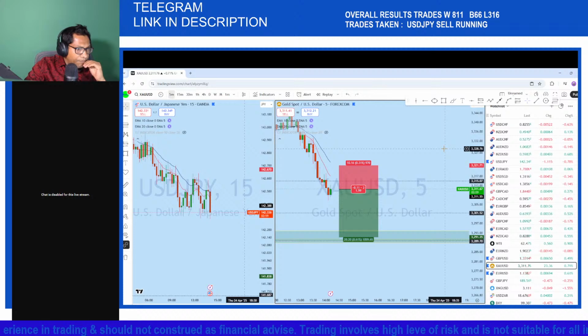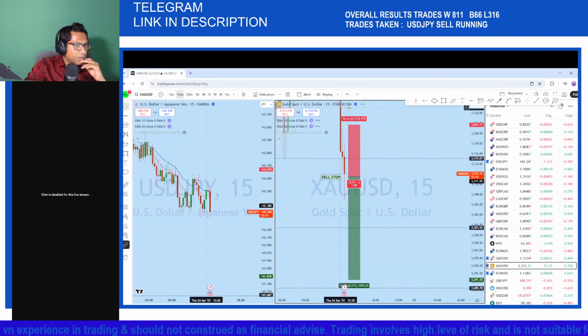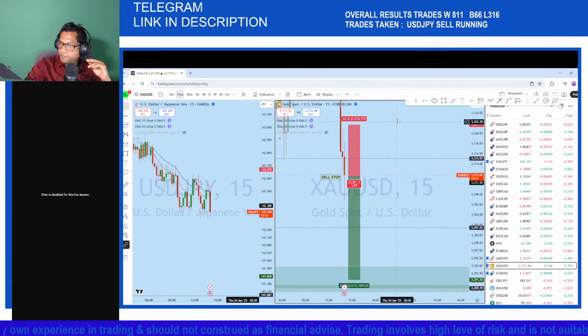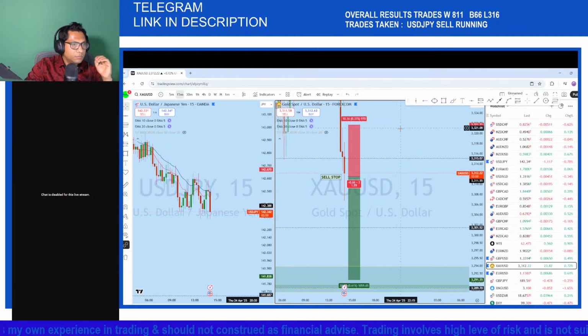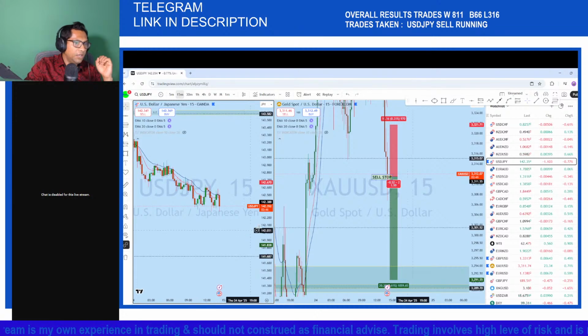Now gold in a very crucial level. Okay, dollar yen holding it.